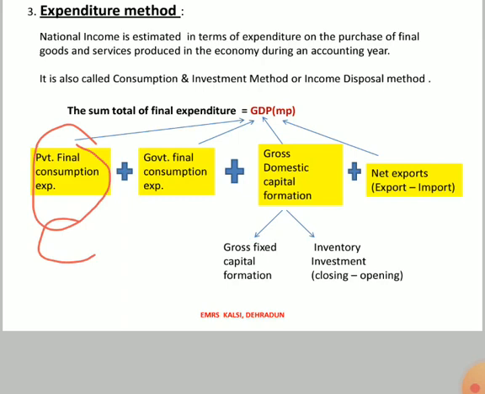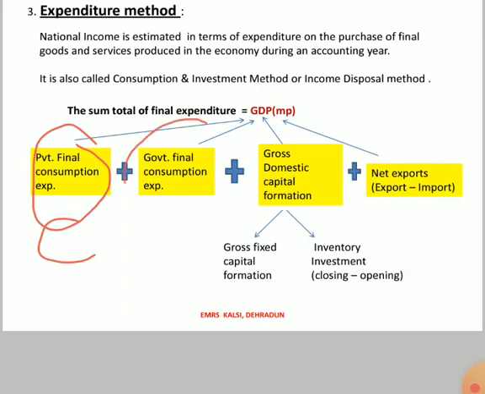Now the second way of making expenditure is the government. The first is the citizens, the second is the government.